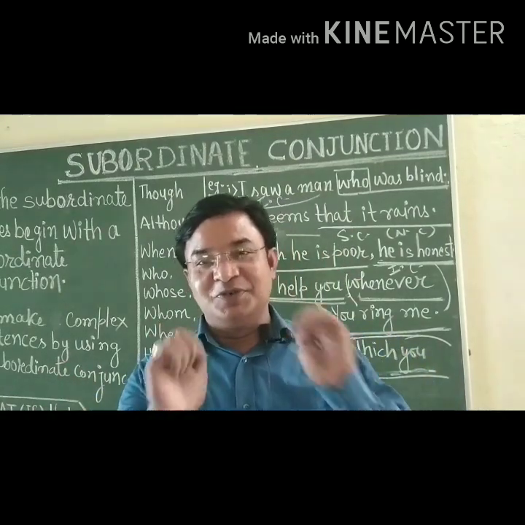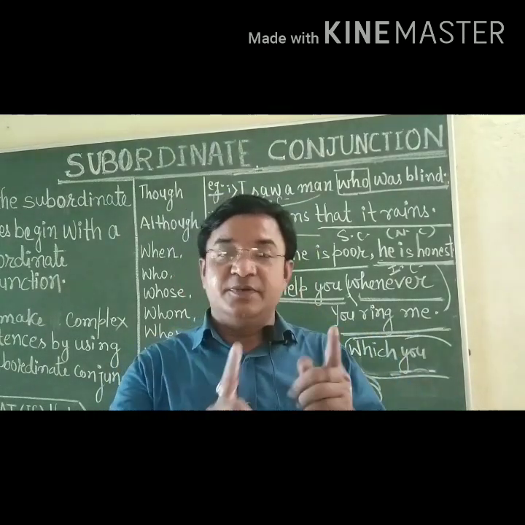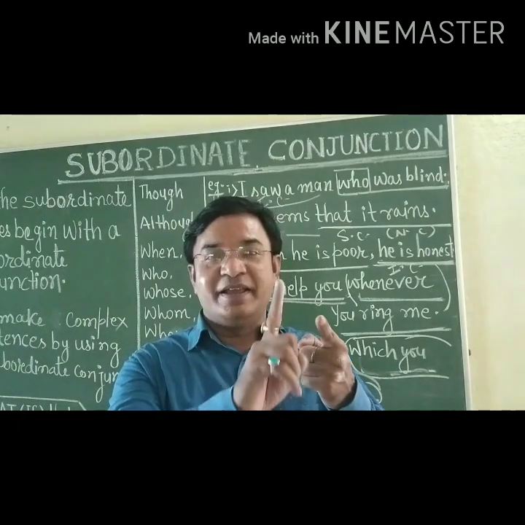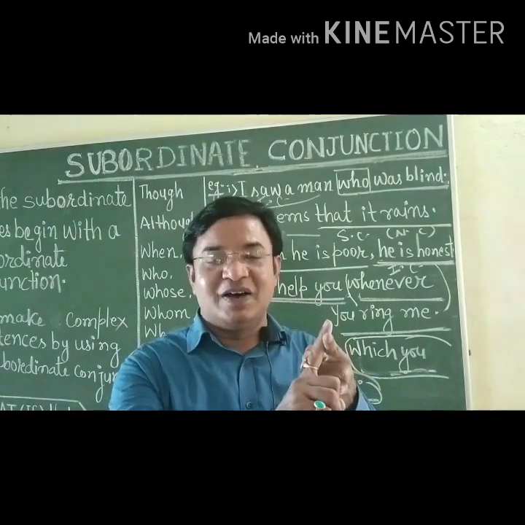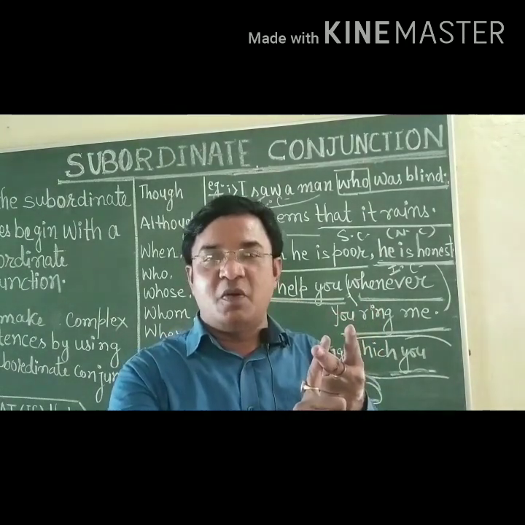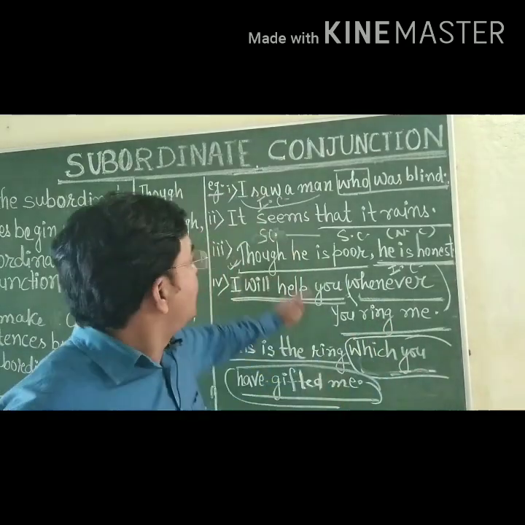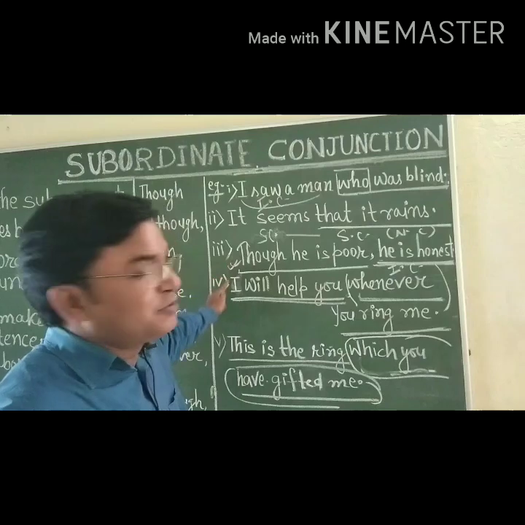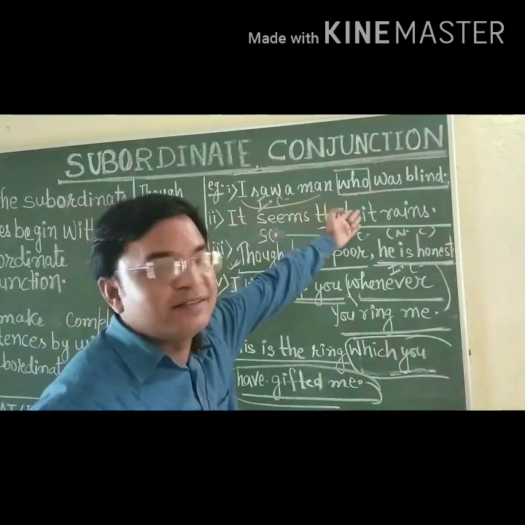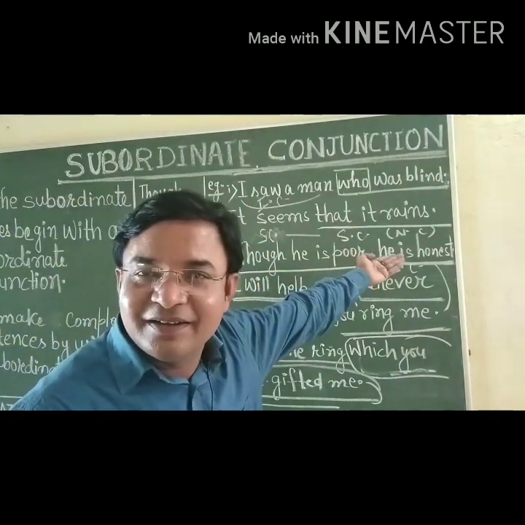In the last I promised you to talk about this. See, in a complex sentence, one independent clause and one subordinate clause is required, and it may be more than one subordinate. So, these all are examples of complex sentences. Why? Because one is independent, another one is dependent.